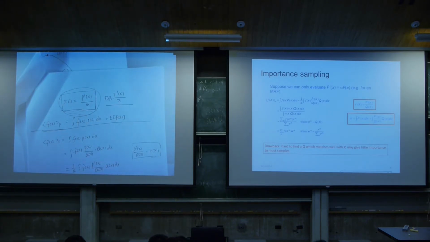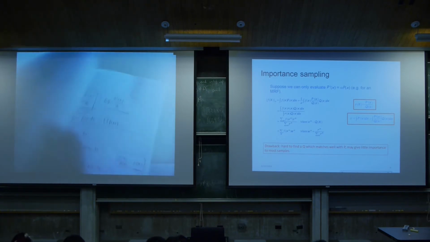So although all the samples generated from q are accepted in importance sampling, the problem is, let's still use this graph.